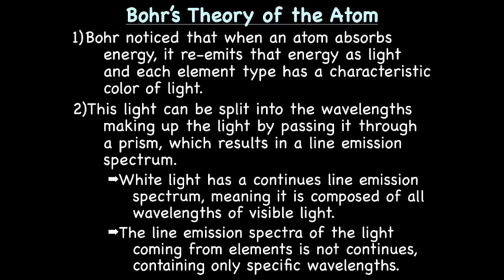But with the line emission spectrum of light coming from elements, it's not continuous. It only contains very specific and discrete wavelengths. So you would see something like some purple and some yellow and then maybe some red, but not all the stuff in between.